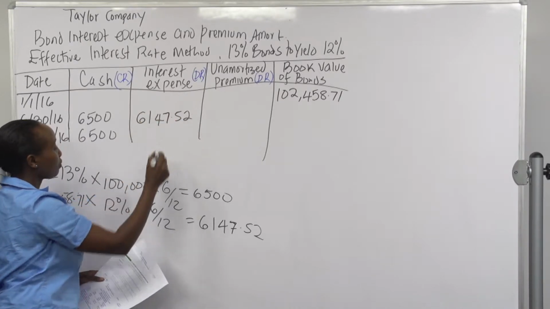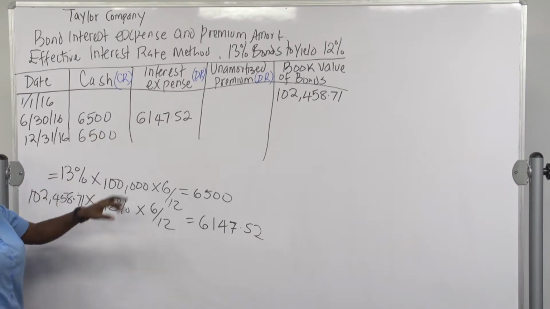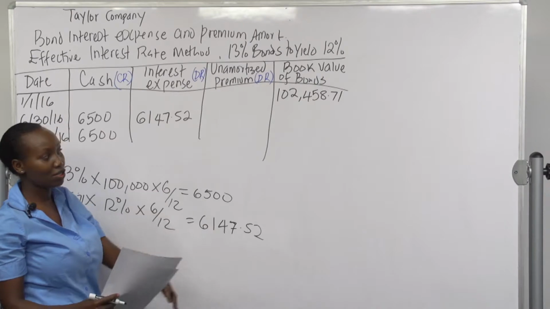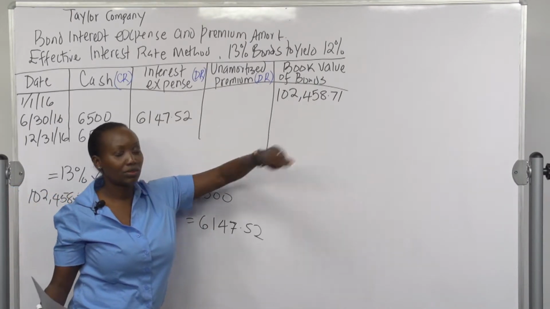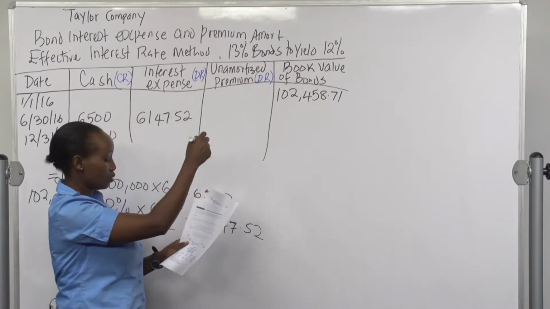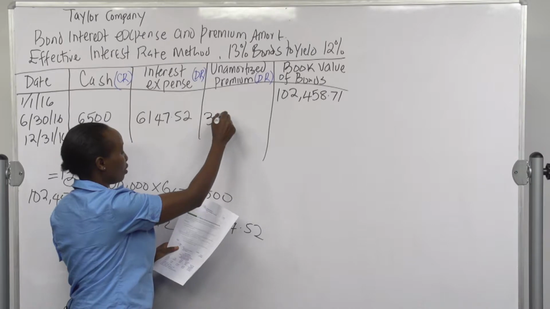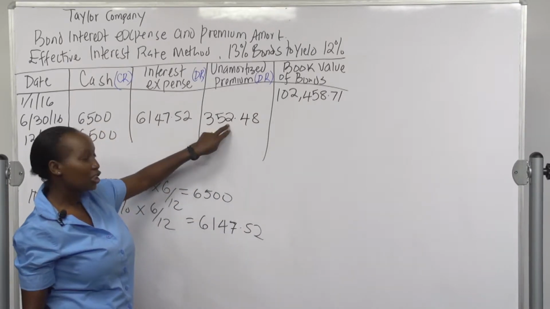We take this and subtract it from 6,500 to get the amortization of the premium. The premium is the extra $2,458.71. The difference between these two is $352.48.